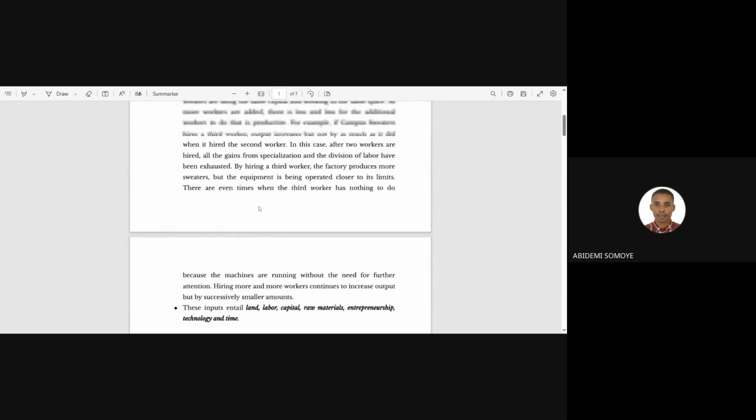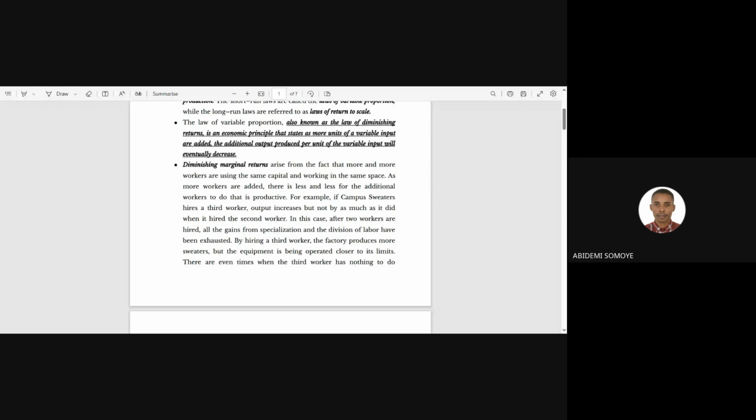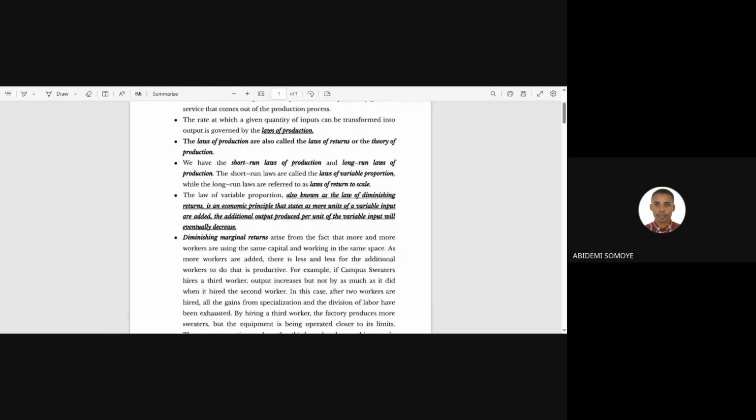Hiring more and more workers continues to increase output, but by successively smaller amounts. This paragraph I just read explains what is called the law of diminishing marginal returns.